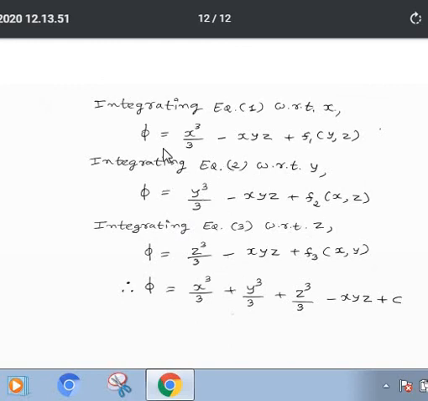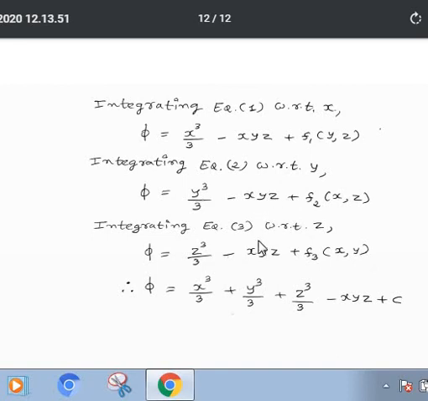Now we have to write down phi. We have to write down all the terms, but we have to write the repeating terms only once. That is, the scalar potential function phi equals x cubed by 3 plus y cubed by 3 plus z cubed by 3.